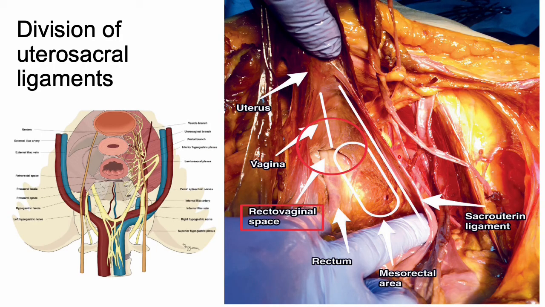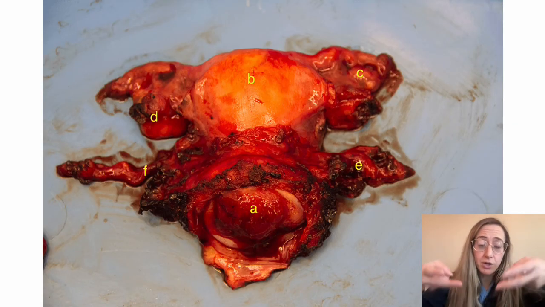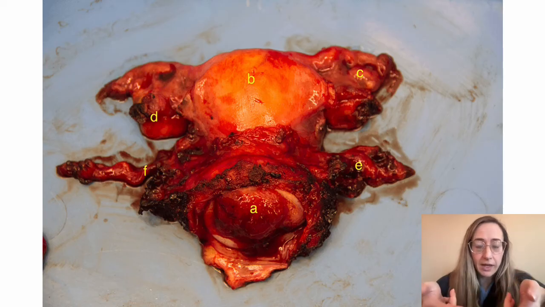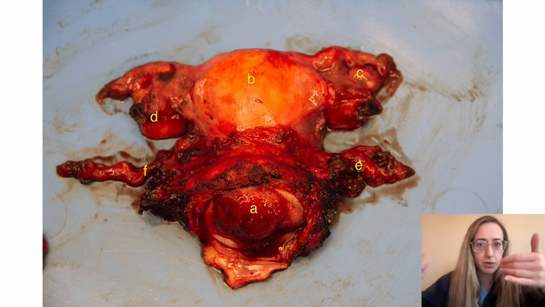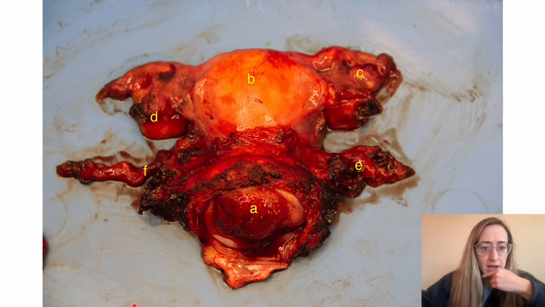You're going to divide your uterosacral ligaments, and then you'll be ready to take your specimen. When you're ready, you're going to come across the vagina with highly curved clamps at the level that you deemed 1/3 to 1/4 of the vagina. Then your specimen should look like this.